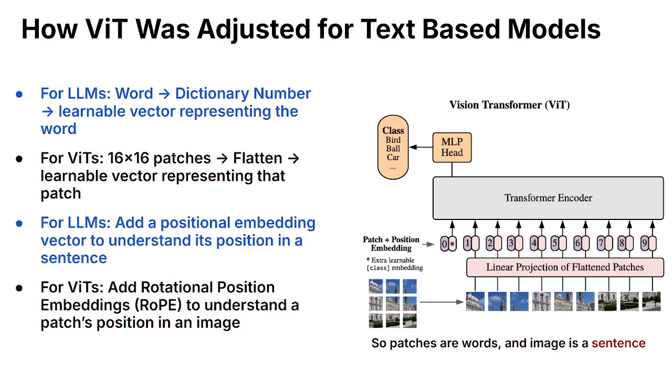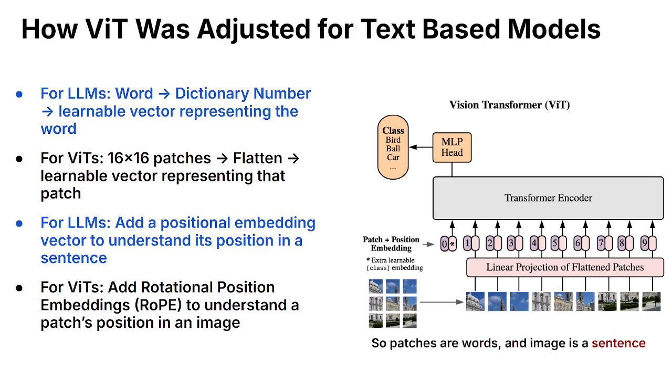So let's see the parallels that we have drawn between transformers for text and transformers for images. For LLMs, a single word is translated into its dictionary number or index. We basically look up the word in a vocabulary, right? And that vocabulary number then corresponds with a learnable vector representation.